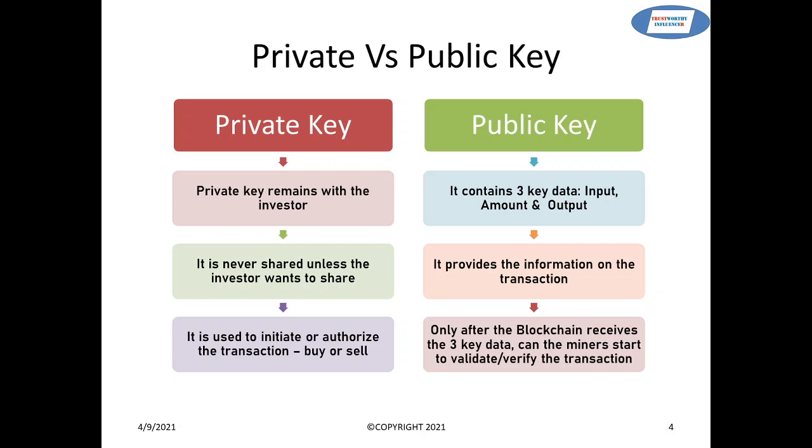Public key contains three kinds of data. One is the input data. Input data essentially talks about all the history behind the coin that you're transacting, in this case a Bitcoin, so all the previous transactions that have gone through the source and all of that. The second piece is the amount: how many Bitcoins are being transacted in that particular transaction.